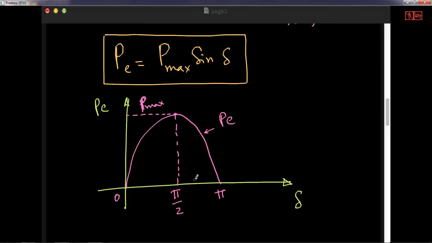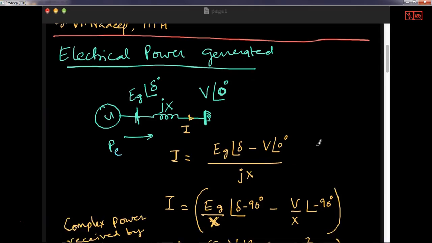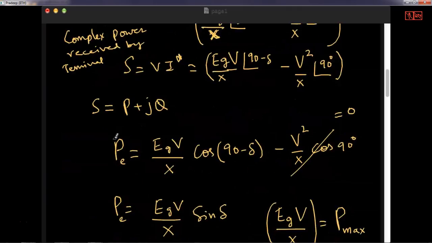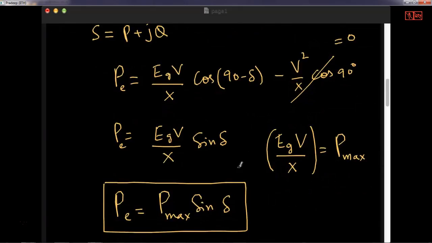Power, electrical power generated. So any doubts about this? What I have done is very basic. First I calculate the current, then I write the conjugate of the current, then multiply it with the receiving end voltage, and then you are worried only about the real component, the cos component. Finally we get cos 90 minus theta is sin theta.